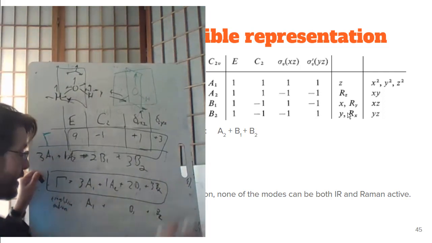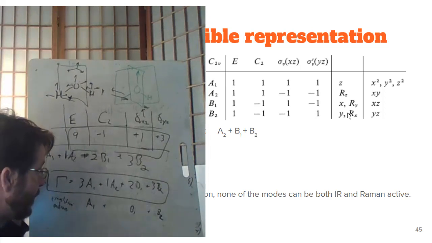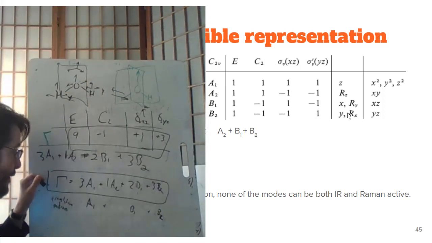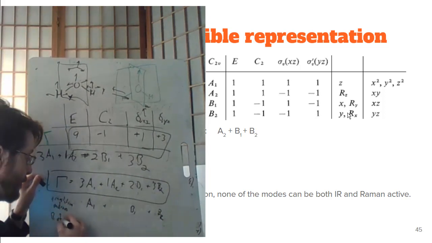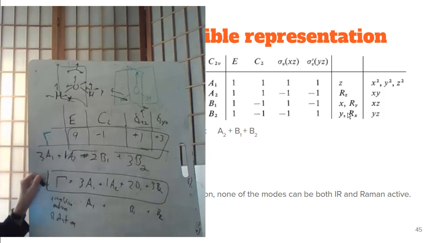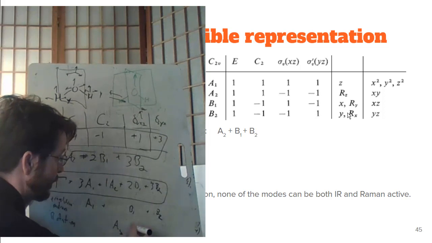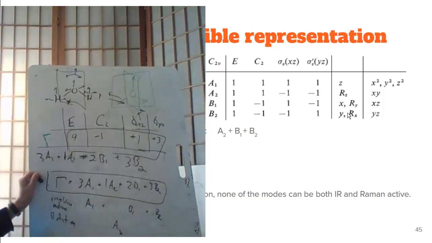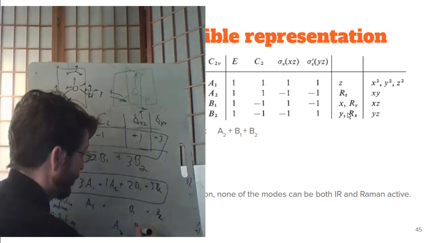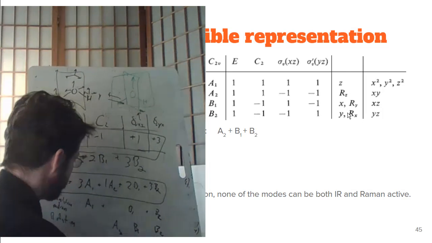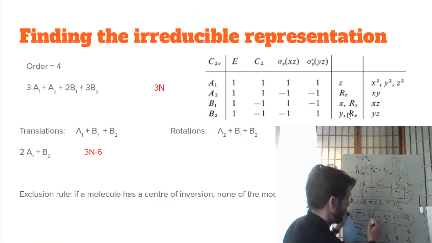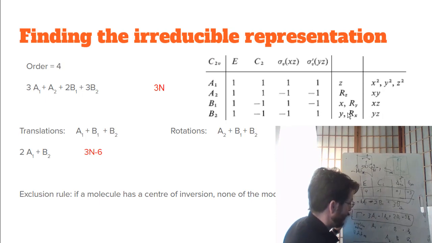And so those we would eliminate from our representation, and then we can do the same for the rotations, which is an A2, a B1, and a B2, leaving us at the end with 2 A1 modes, and the A2 drops out.